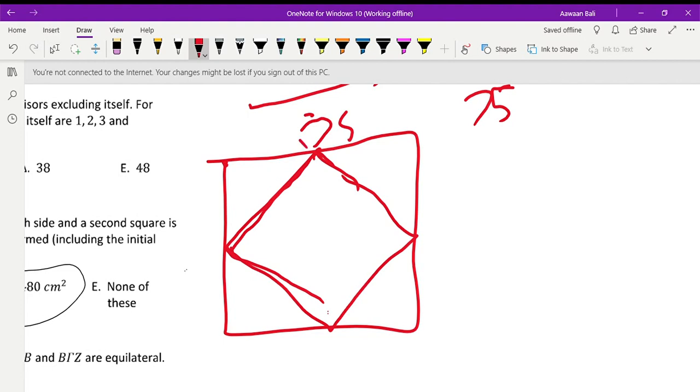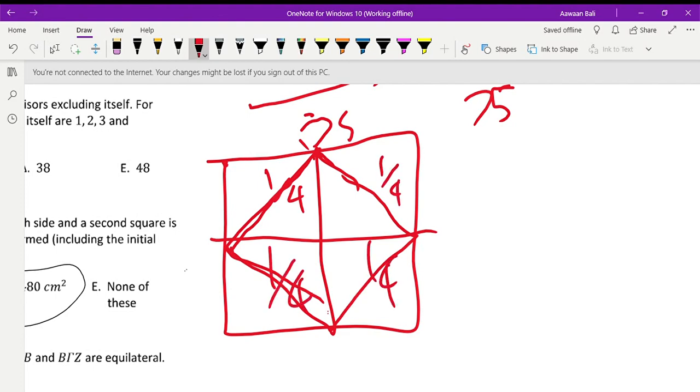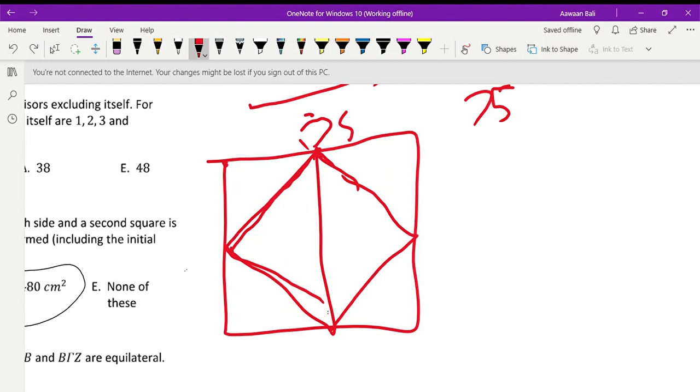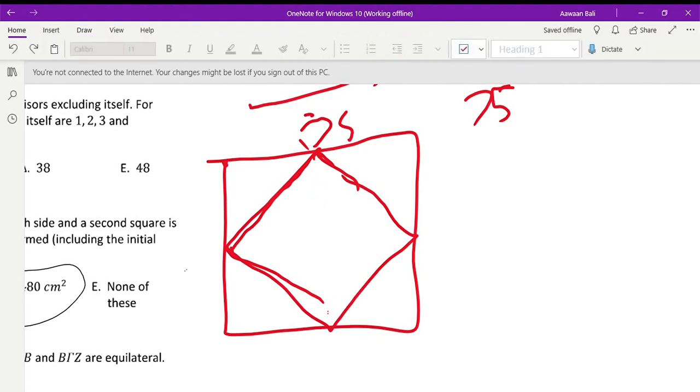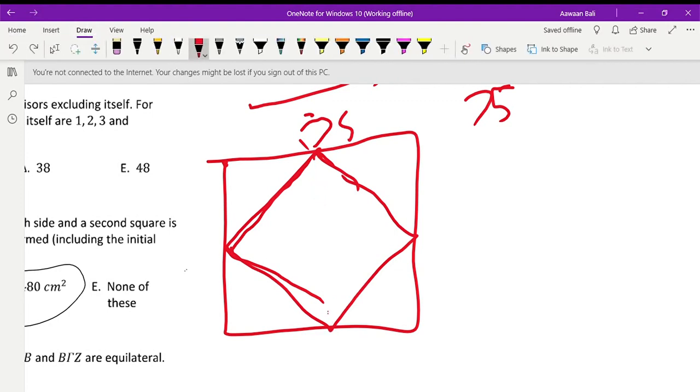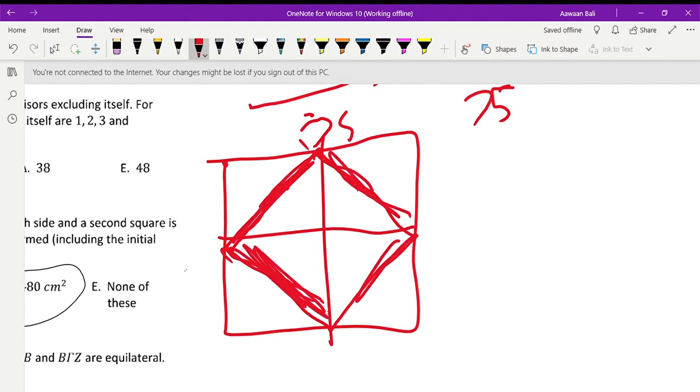Let's divide the square into 4 pieces. This means that this is a fourth, this is a fourth, this is a fourth, and this is a fourth. Half of a fourth is an eighth.